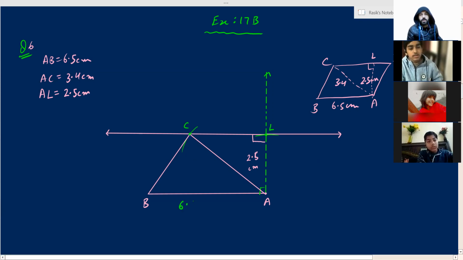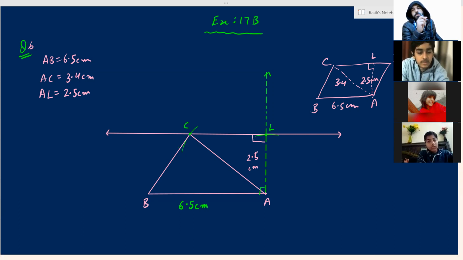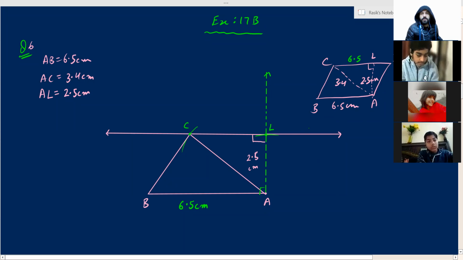What is the length of AB? 6.5 centimeters. I have given you a hint. Length AB is 6.5, so we will make a cut from point C on the parallel line. Very good. From point C, we will make a cut at a distance of 6.5 centimeters on the parallel line, this side. Got it?